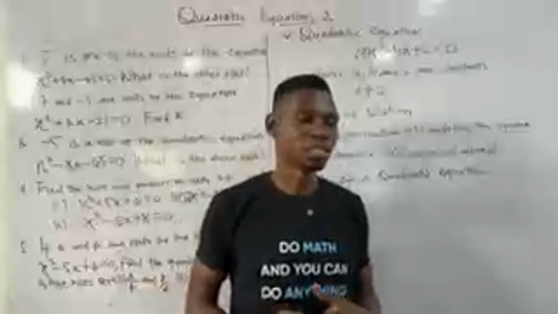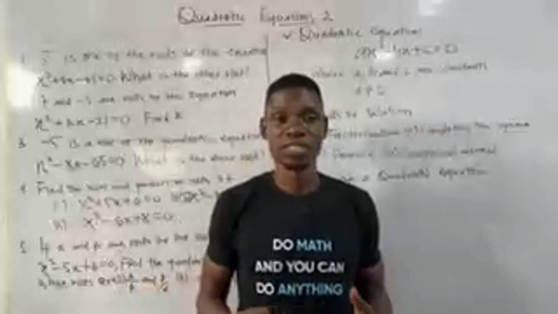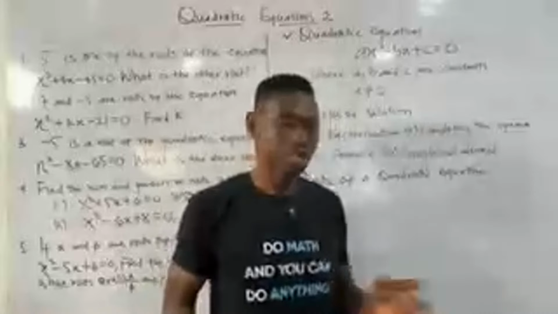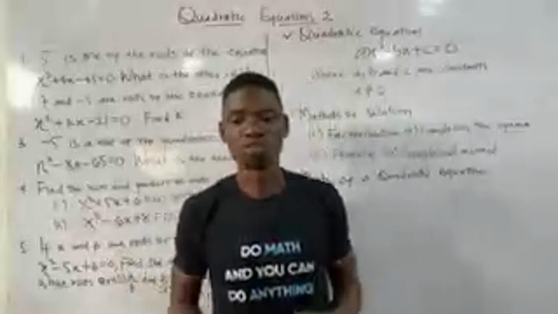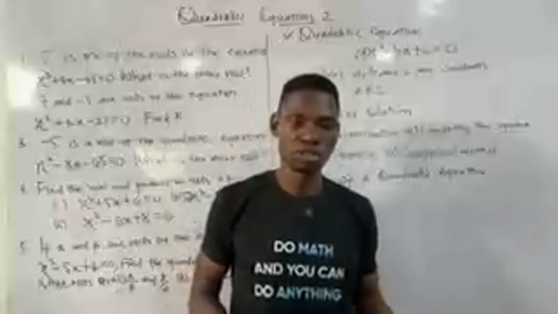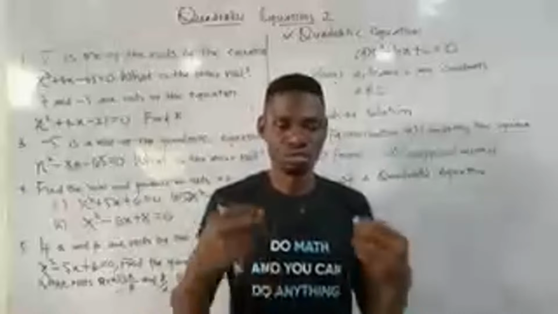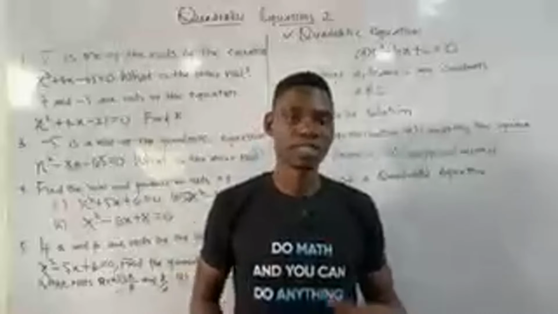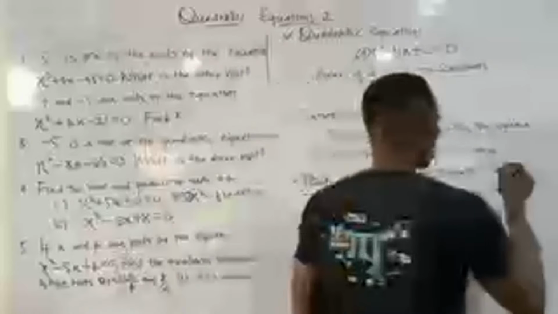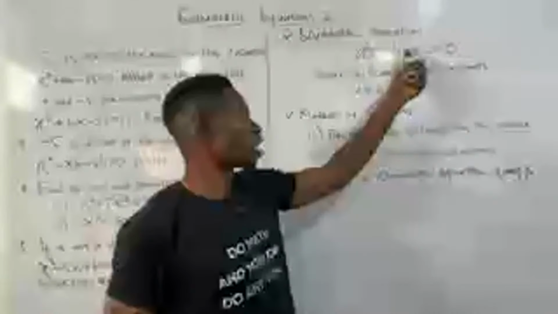The answers might be equal, might be distinct, and might be complex, but you have 2 of them. Those answers are called the roots of the equation. So when you solve a quadratic equation, what you get is the roots of that equation. The first root, generally, we'll call alpha.